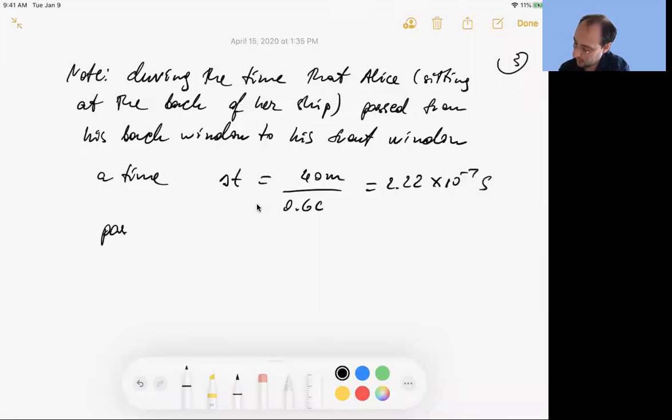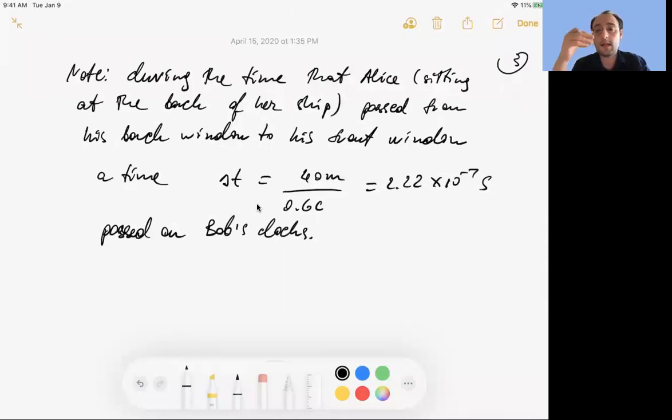That's Bob's clocks. Now we're tracking Alice's clock that's located at her back window. It's exactly the scenario for time dilation.